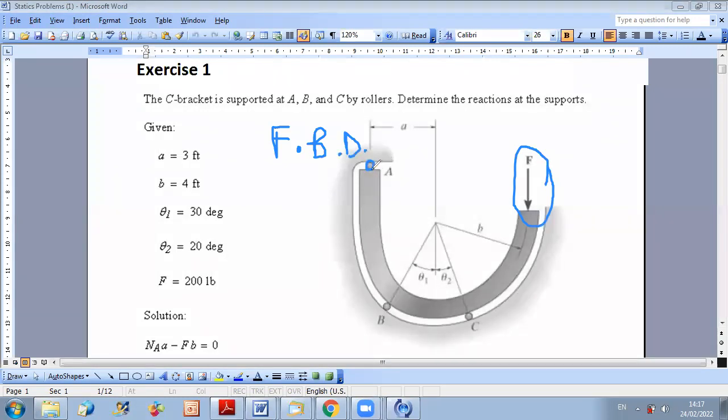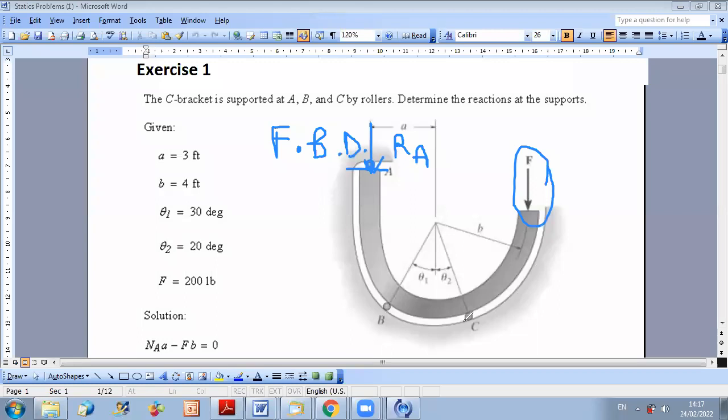And keep in mind that the roller can always develop a reaction that is perpendicular to the contact line. Okay? And it is always directed from the roller towards the object. So A here will develop a reaction perpendicular to contact downward. So this is the reaction at A.